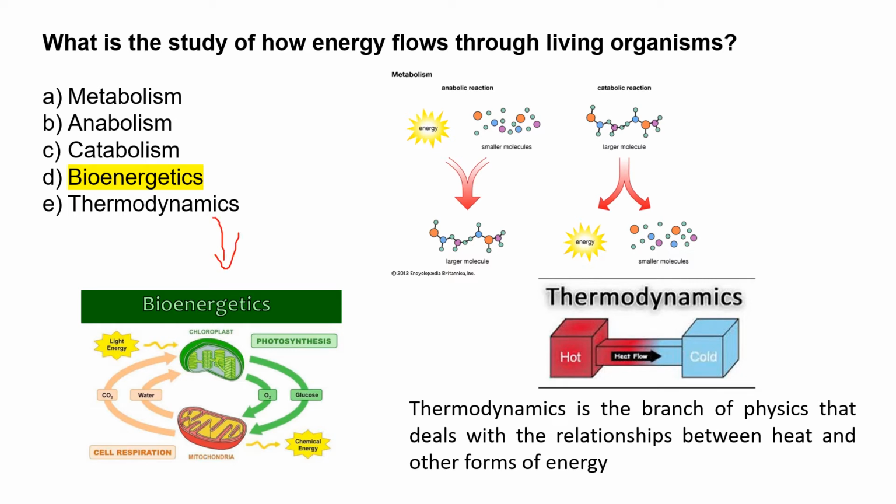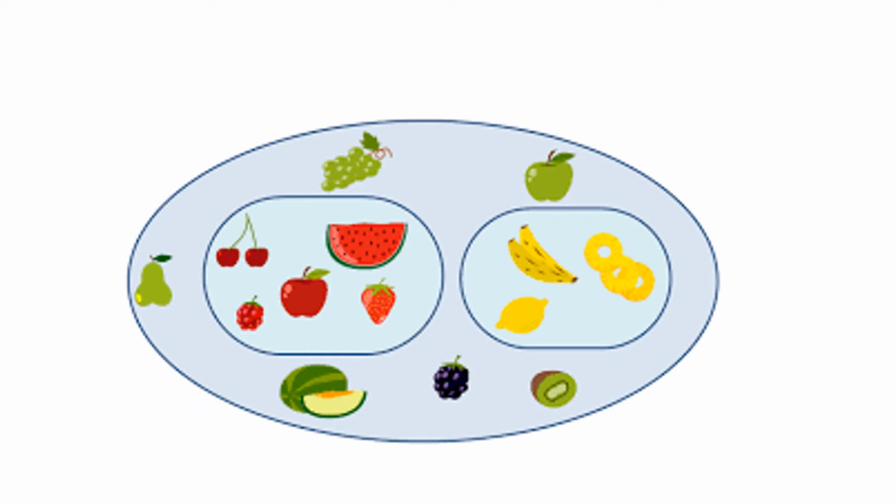However, all these terms are related. If we make this type of graphical representation, for example with fruits, very silly, you have red fruits and here yellow fruits. Let's try to do the same thing with the definitions that we just saw.